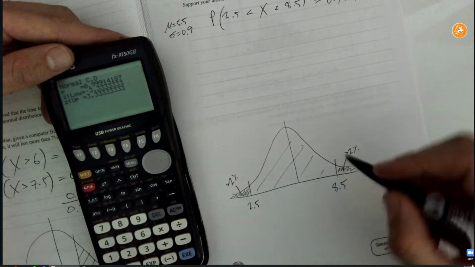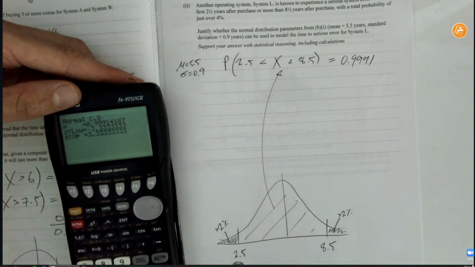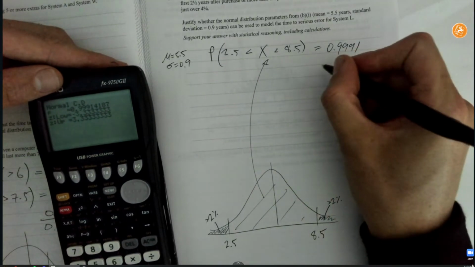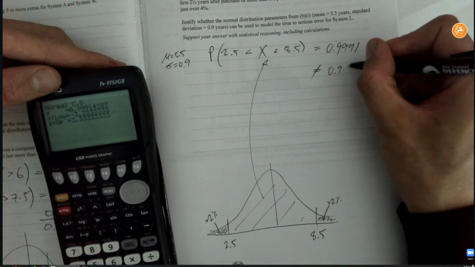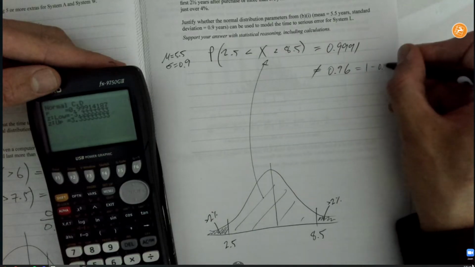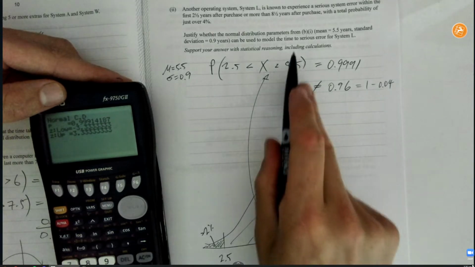That's this probability. Right, so we found this probability here, and that is not equal to 0.96, which is 1 minus 0.04, alright? So I think that's the calculation.